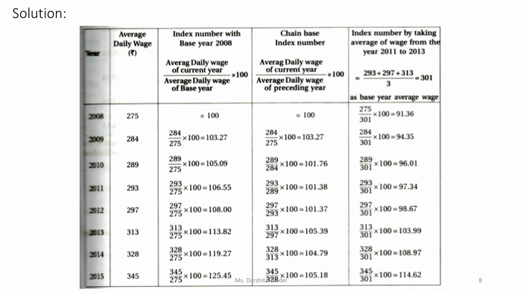Our third method is index number by taking the average of wage from the year 2011 to 2013. We have to take the average of 2011, means 293, 2012, means 297, and 2013, means 313. The average, means divide by 3, is equal to 301.